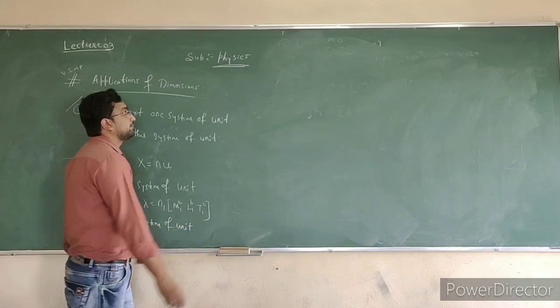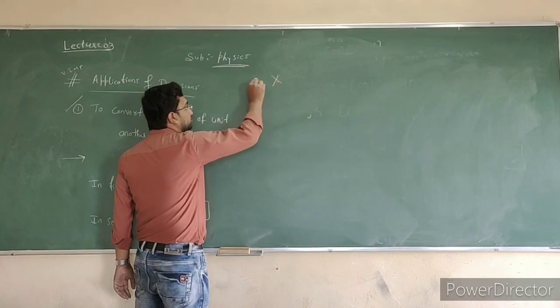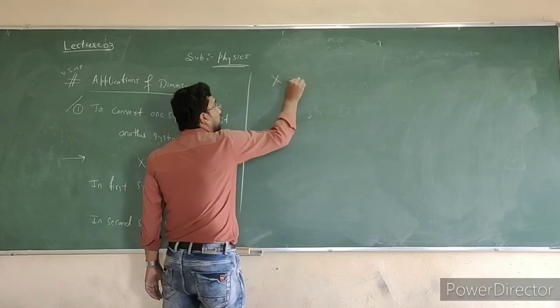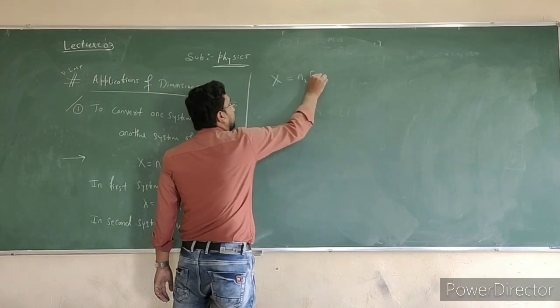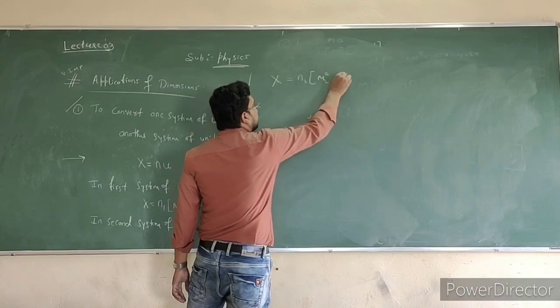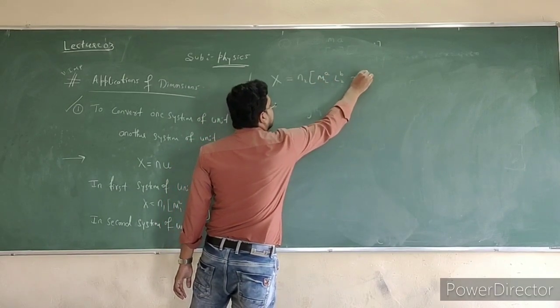In that case, x is equal to n2, M2 to the power a, L2 to the power b, T2 to the power c.